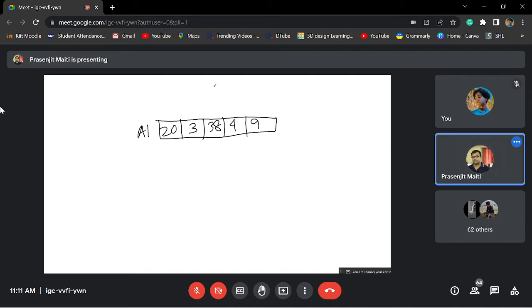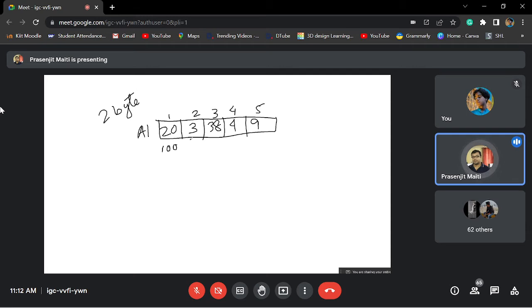So this is 1, 2, 3, 4, 5. Now, suppose the base address is 100, and to store one integer value, we require, suppose, 2 bytes of memory space.